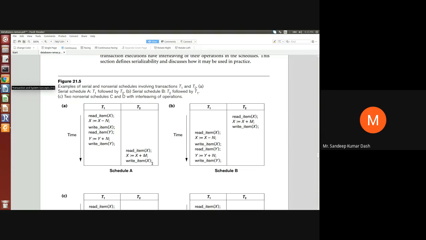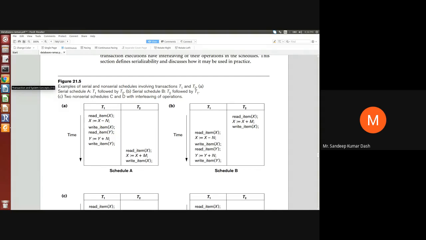M is 2, so 89 for X. Y is 93. So at the end of this particular schedule, X should be 89 and Y should be 93.